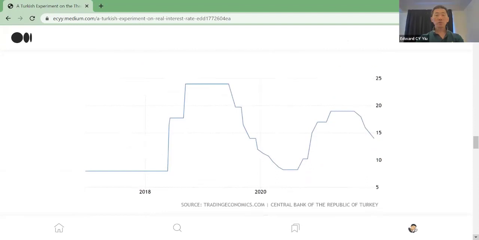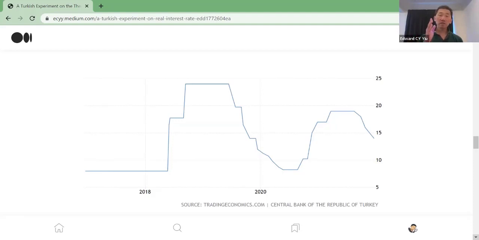So let me show you here the chart of the policy interest rate of Turkey, and you will find a very similar pattern to the inflation rate chart above. After the outbreak of the pandemic, the interest rate was increased to 19%, but then since September, the interest rate was cut 4 times, and now it's 14%.